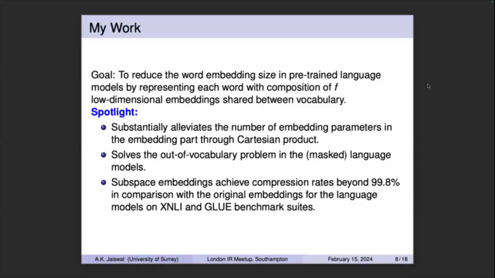I'll introduce the actual algorithm we use to get a lower dimensional representation of the embedding after partition. The main highlight of this work is that we use the Cartesian product. It's quite simple these days, but we are still able to do it.